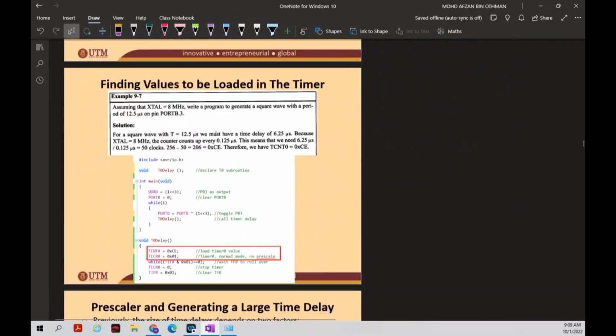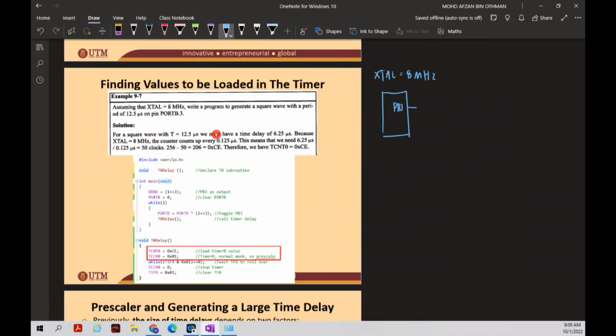Let's look at this example. Assuming that you have the Excel of 8 megahertz, given that the Excel equals 8 megahertz, you are going to write a program to generate a square wave with a period of 12.5 microseconds. We draw first our ATmega32, and we have PB3 here.